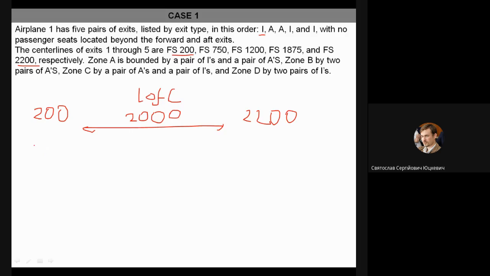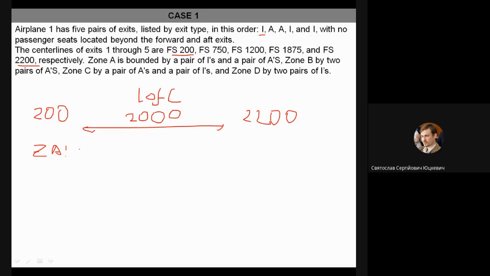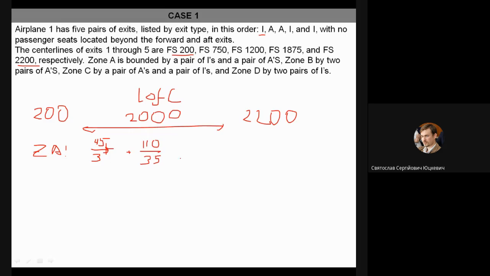So for zone A, it will be 45 divided by 35 plus 110 divided by 35, and you need to round down to the nearest quarter. It will be 1.25 plus 3.